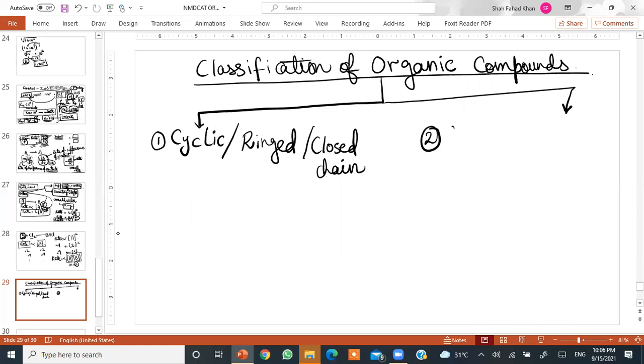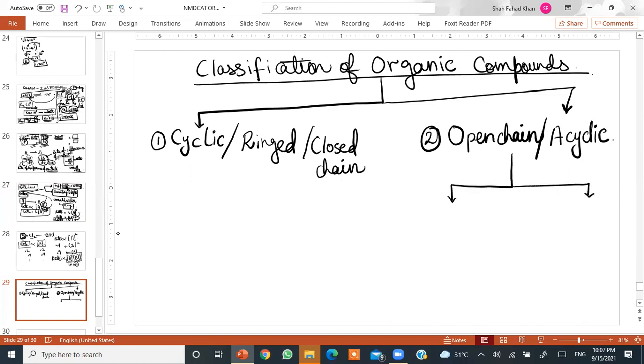It's called the open chain compound, or also known as acyclic compounds. Now these open chain can also be of further two types. They may be straight chain or they may be branched.